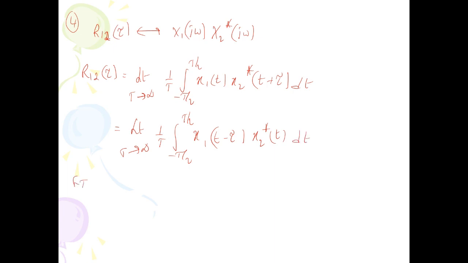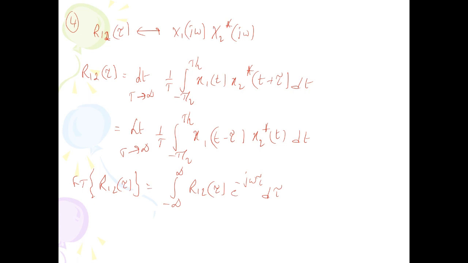So the Fourier transform of R12 of tau is equal to integral minus infinity to plus infinity R12 of tau e power minus j omega tau d tau.